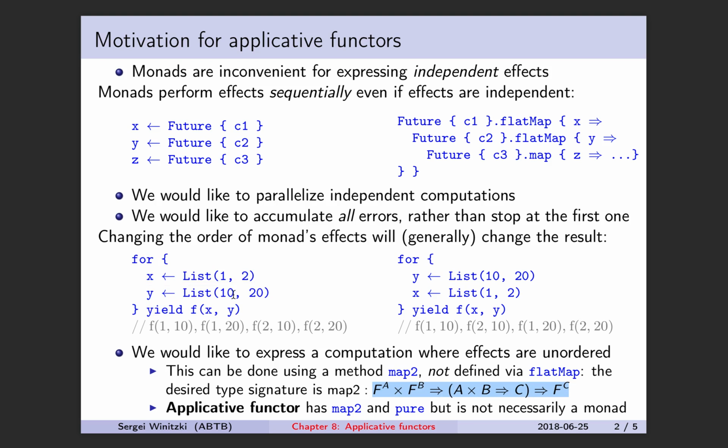It will take two containers, let's call them FA and FB. So let's say F is list, and A and B are going to be the types of the elements in these two containers. In this example, both integers, but in general we might have two different types, A and B.